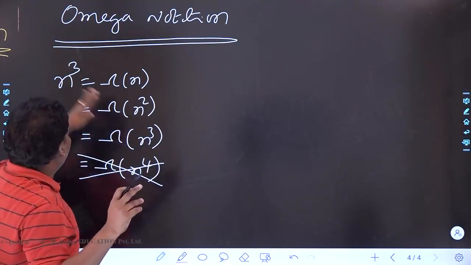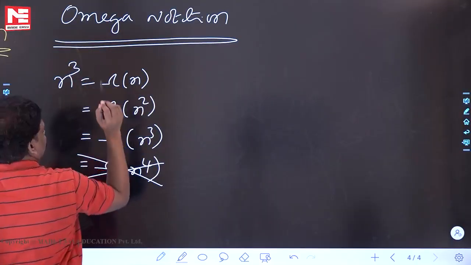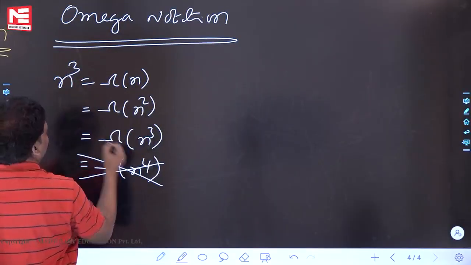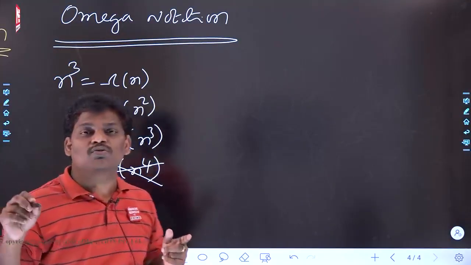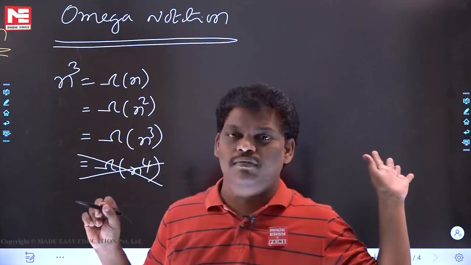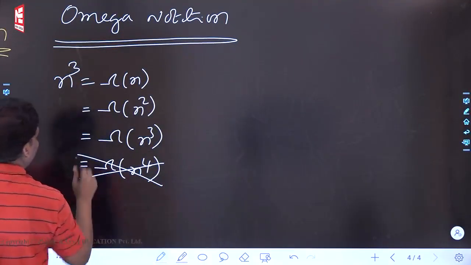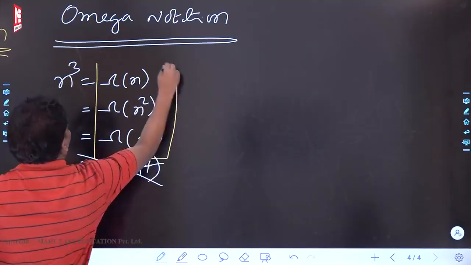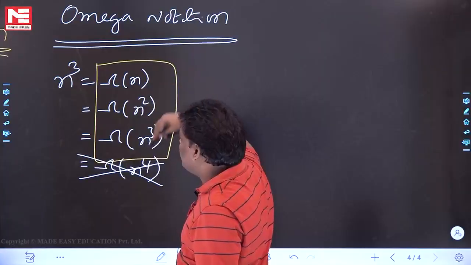In omega, left will be greater or equal. If you want, you can check this one. Now, in all these notations, you will concentrate on the left side or right side? Right hand side only. Now, please help me. In omega notation, who will be there on the right side?